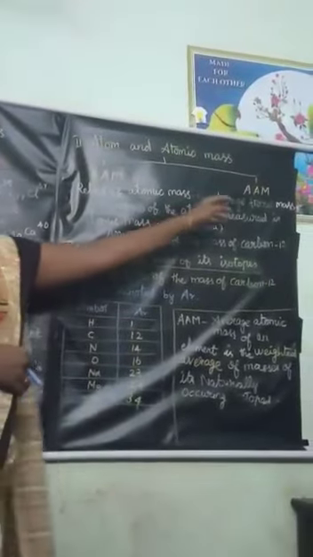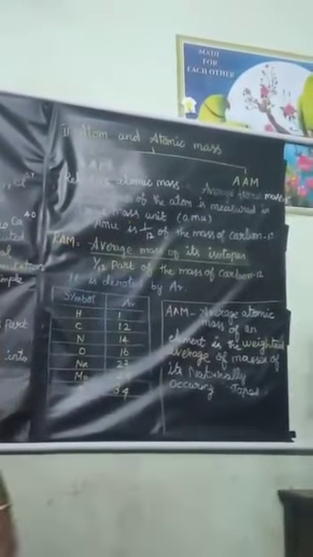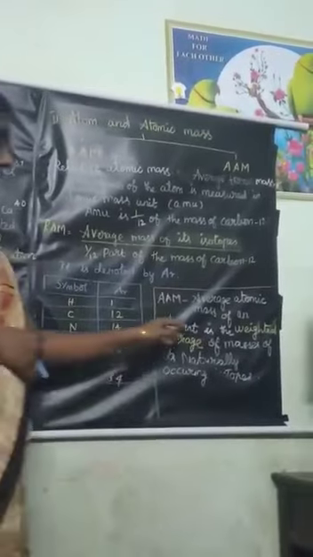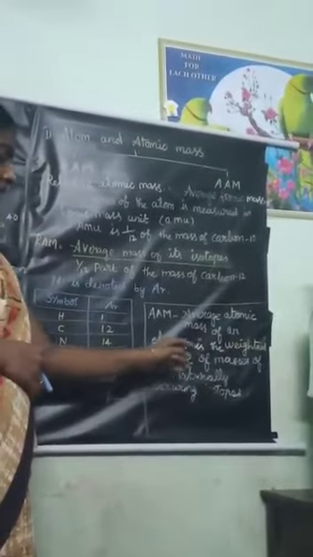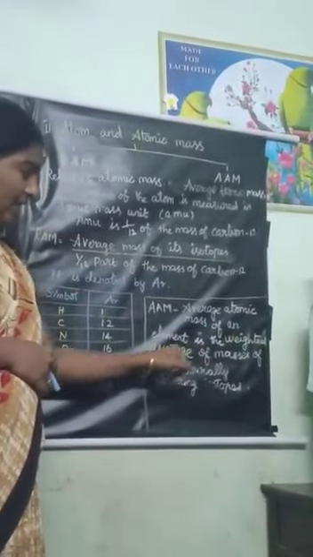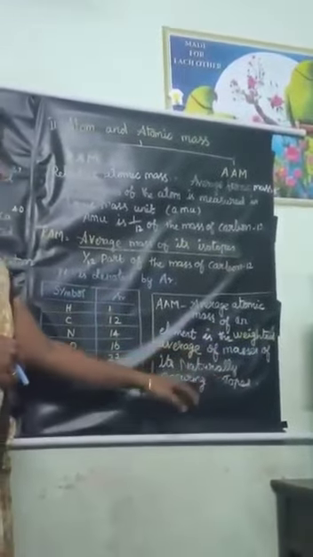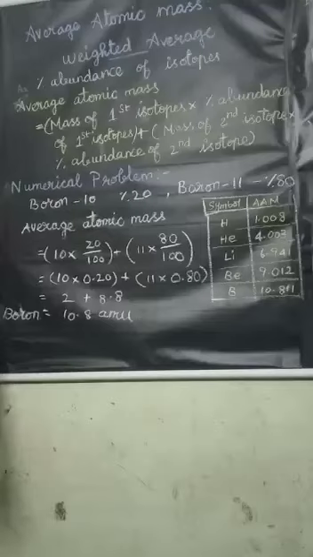So next we are going to see what is average atomic mass. So what is average atomic mass? Average atomic mass of the element is the weighted average of the mass of its naturally occurring isotopes. This word is very important. Weighted average of mass of its naturally occurring isotopes.